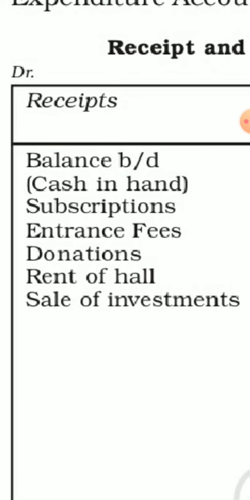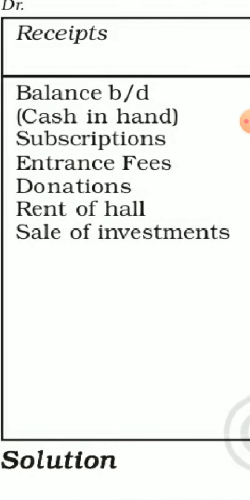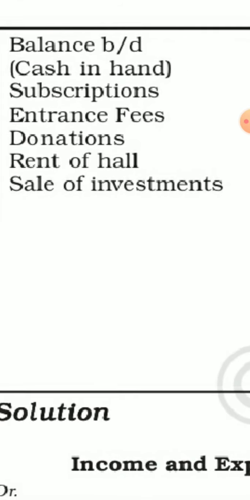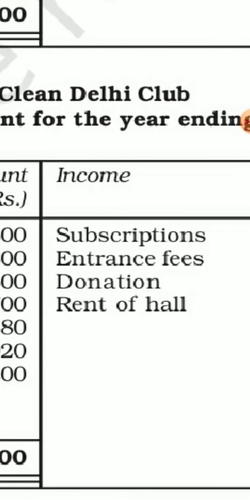Now we start the income and expenditure account from the receipts and payment account. First we take the receipt side. Balance, as discussed, we don't take. Then subscription: that we take on the income side, by subscription. This is the CBSE book solution.